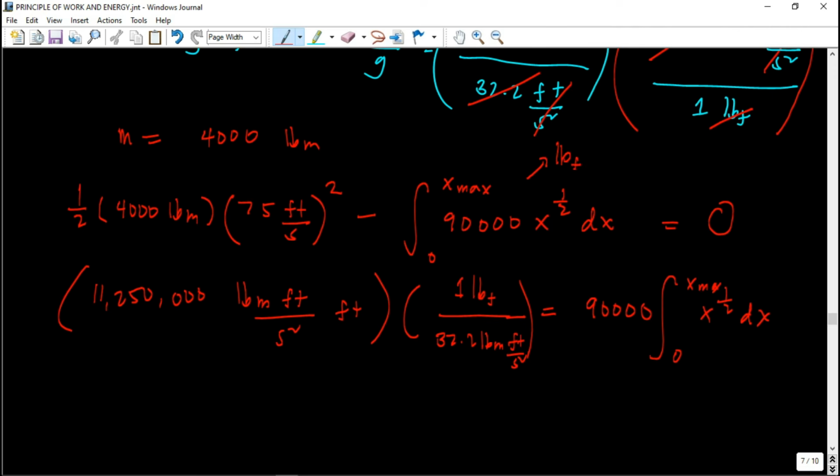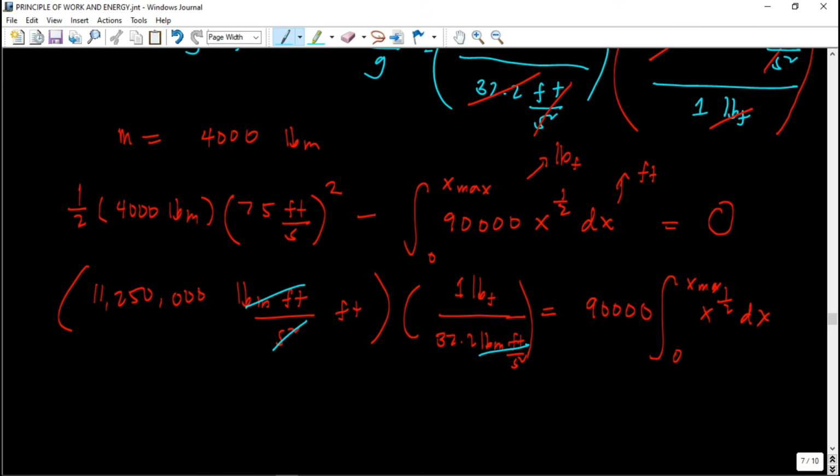Okay? Etong dx should be in feet. Okay, foot-pound force. So dito wala kang foot-pound force, that's why we need this conversion here. Okay, so this will cancel out. Pound mass feet per second squared will cancel out. Ang unit remaining natin is foot-pound force.